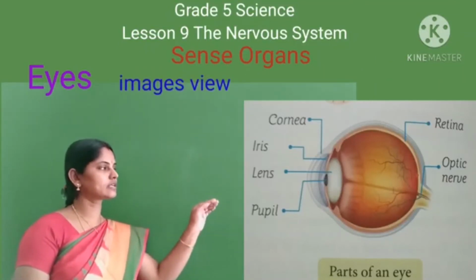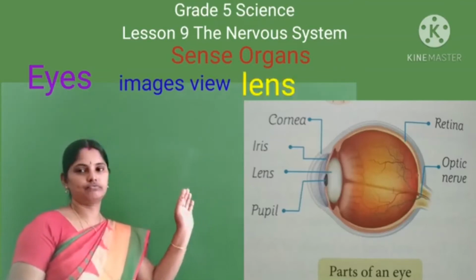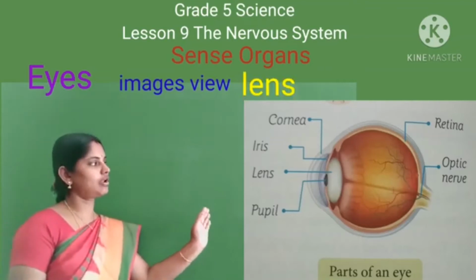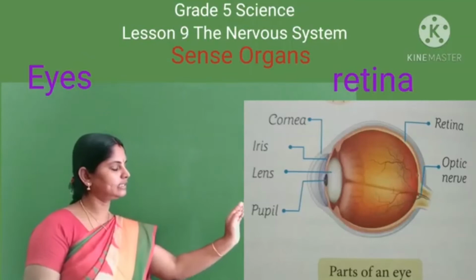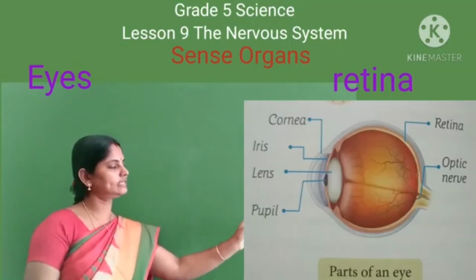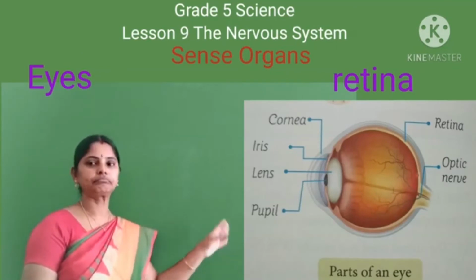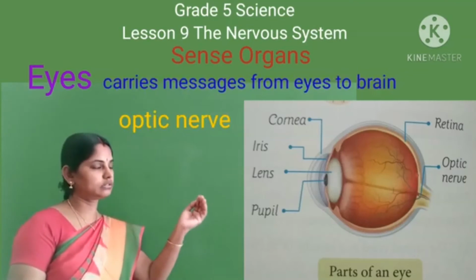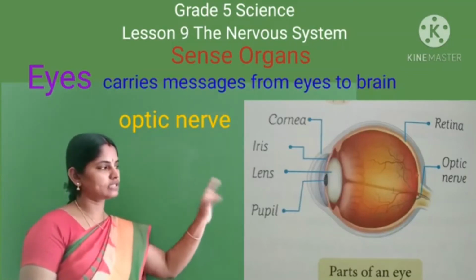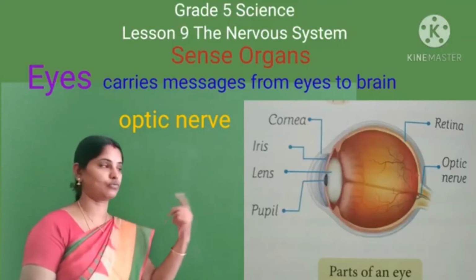That lens gives the image view, which falls on the retina. So behind the pupil, the lens and retina are there. This is the parts of the eye. Clear, children? The image falling on the retina carries a message of what we are looking at.